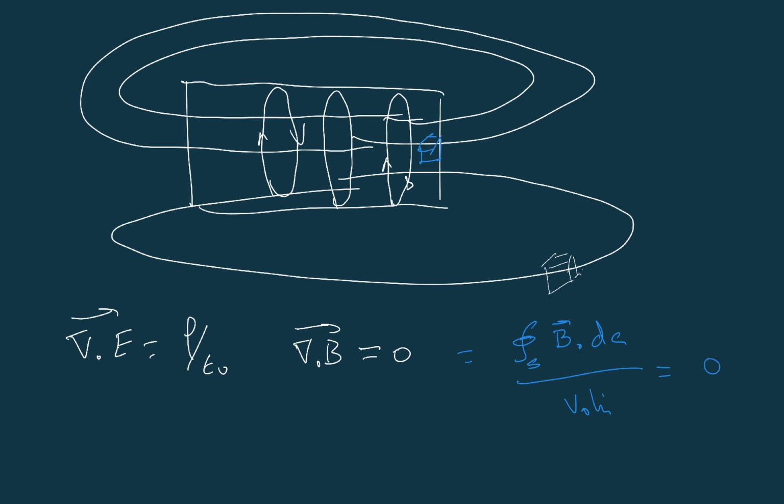What it means is that the same flux that is entering the volume is going out.